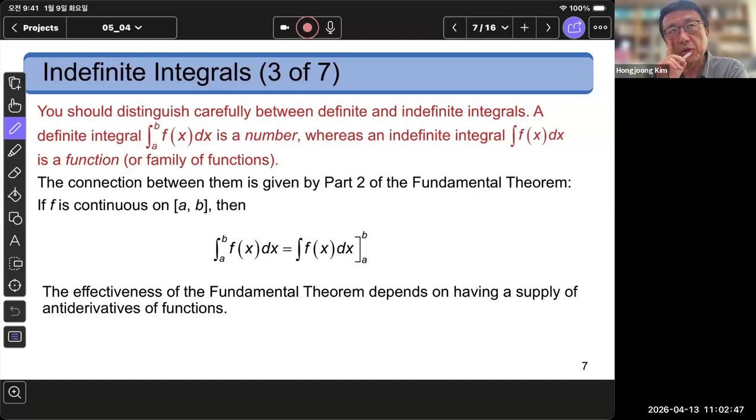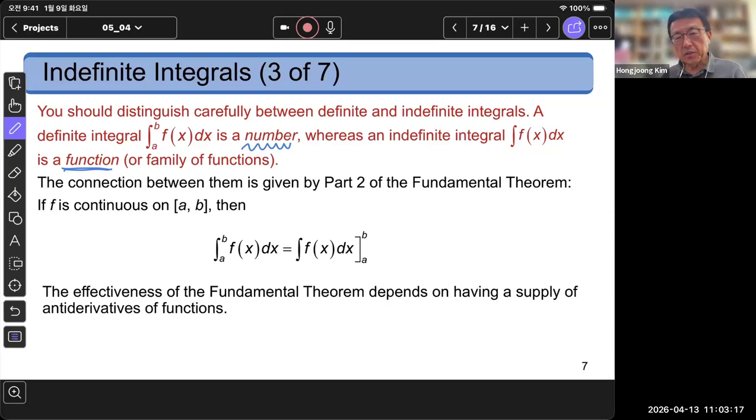You should distinguish carefully between definite and indefinite integrals. A definite integral is a number, whereas an indefinite integral is a function. Actually, it is a function in the most general form, so you must add a constant c.